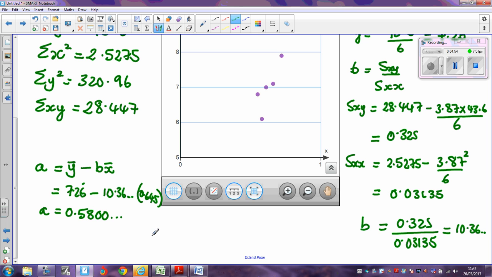So the equation of my regression line of y on x is y equals a, and I'm going to write each one to 3 significant figures, 0.580 plus 10.4x.